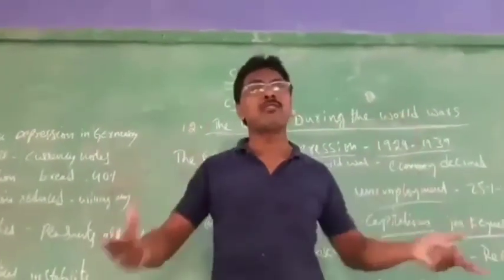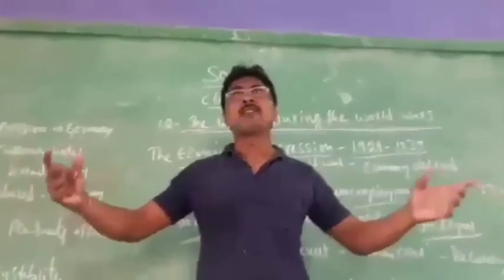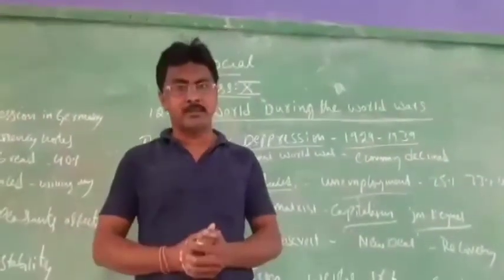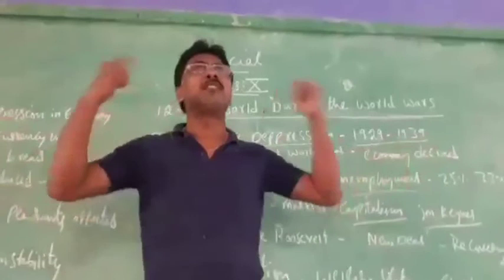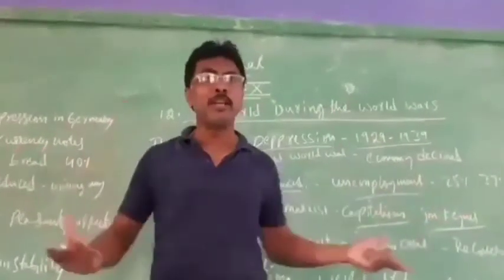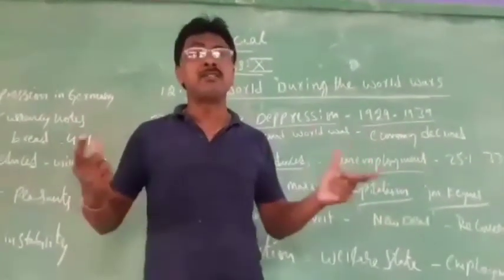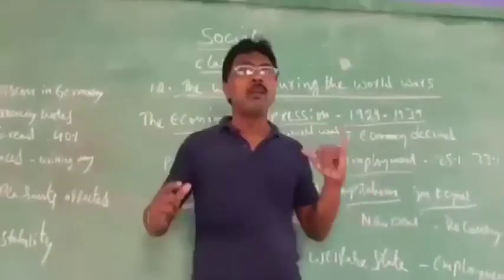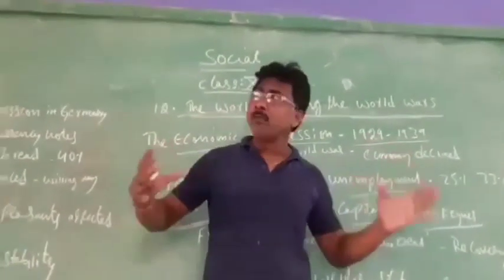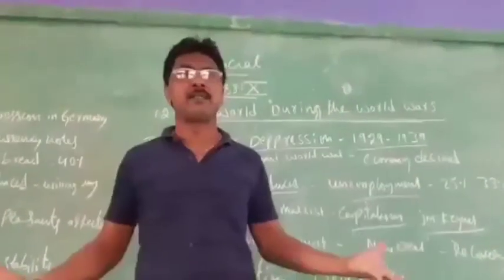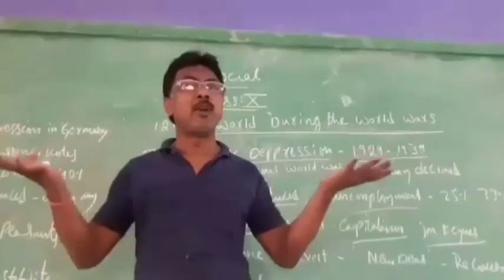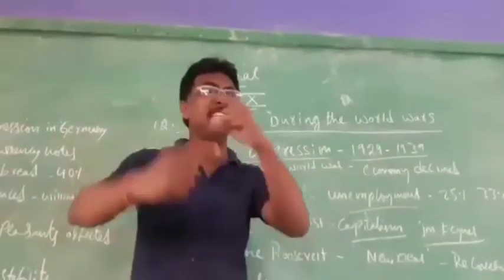If you invest the funds and start government projects, constructions and everything, and give funds to the people who need them, then everybody will get employment, everybody will get money, and money circulation will happen.